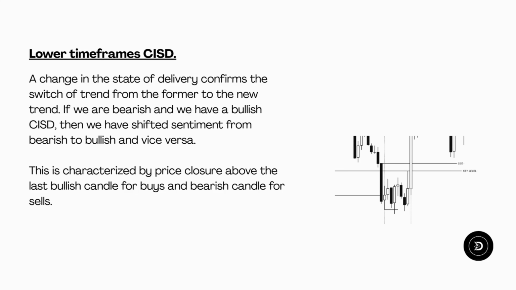This CISD is characterized by price closure above the last bearish candle for buys and below the last bullish candle for sells. So basically, when price creates an order block, that becomes your CISD.